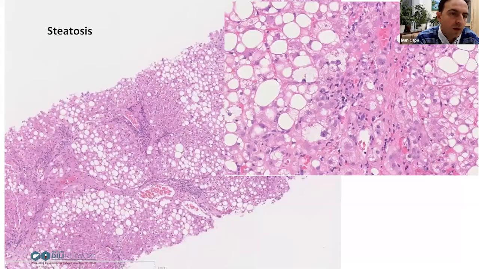So if we are looking, for example, at this histology slide, we can see that actually we have a mix of these two histology patterns, and that sometimes depends on the intensity of the drugs, but sometimes we can say that it depends on the type of the drugs.